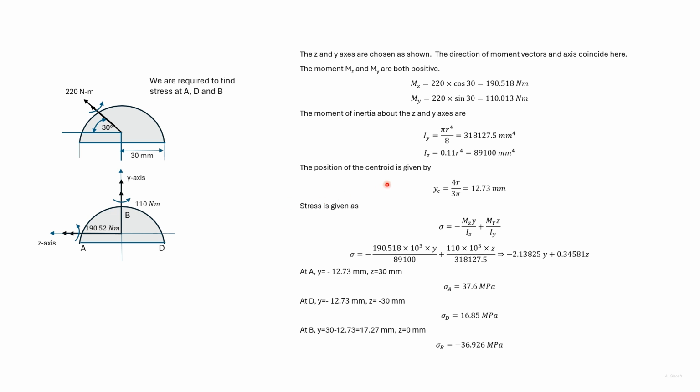Now substituting all the values in this equation, we get stress in terms of y and z. Substituting the ordinates of A, B, and D in this equation for sigma, we get the stress at A, B, and D.